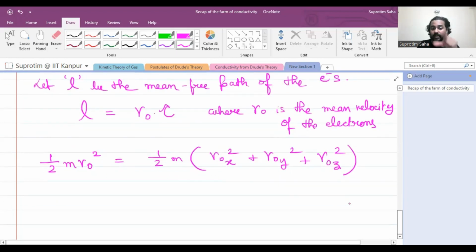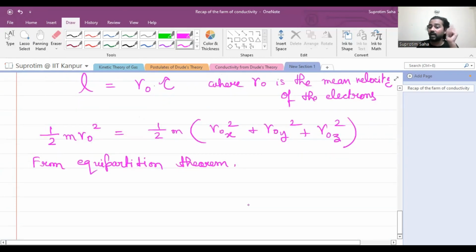All right. Now from the equipartition theorem, each degree of freedom will contribute half kBT.